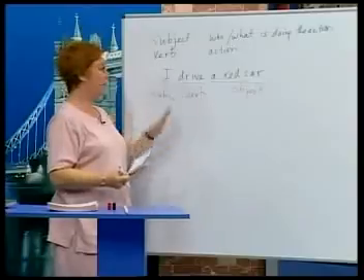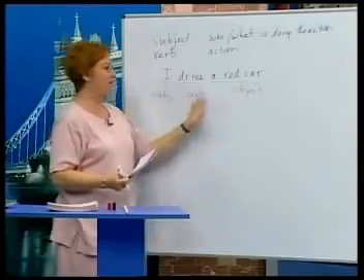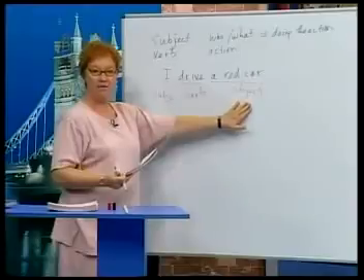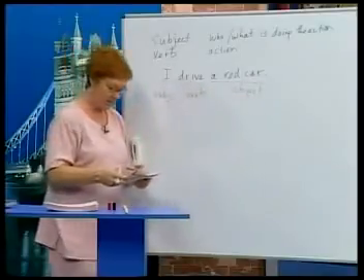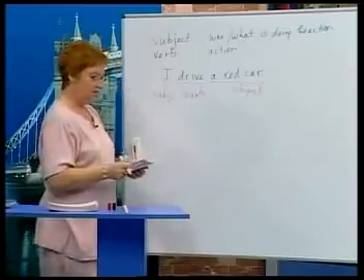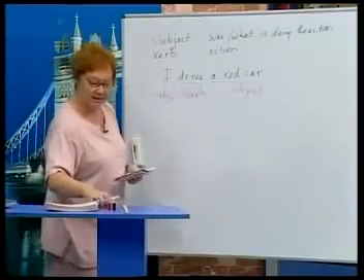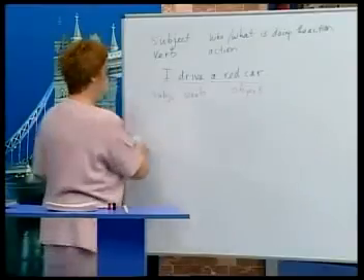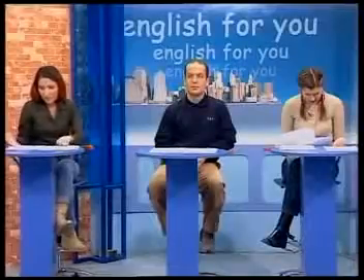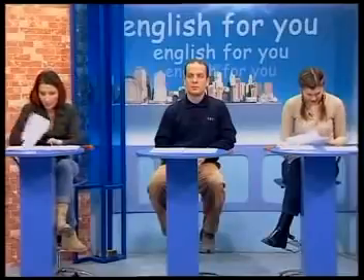I, who, drive, action, a red car, object, what? What do I drive? I drive a red car. Okay, now we're going to look at some more sentences and you can decide what is the subject, the verb, and the object.